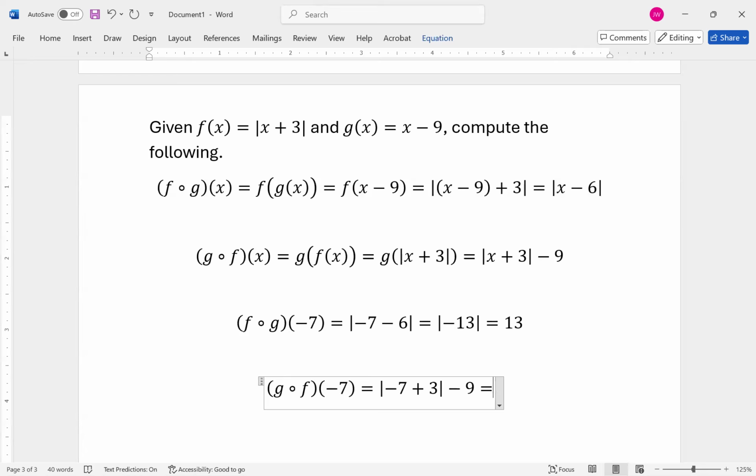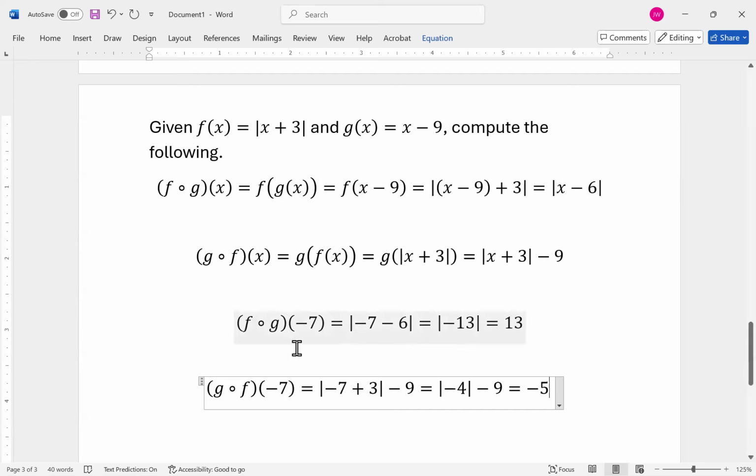That's going to give me absolute value of -4 minus 9. And that's going to give me a positive 4 minus 9. So 4 minus 9 becomes a -5. So f of g of -7 gives a positive 13. G of f of -7 gives me a -5.